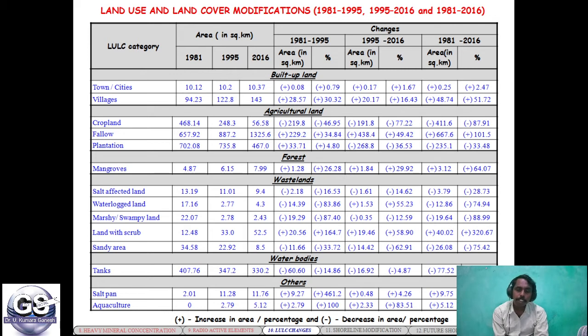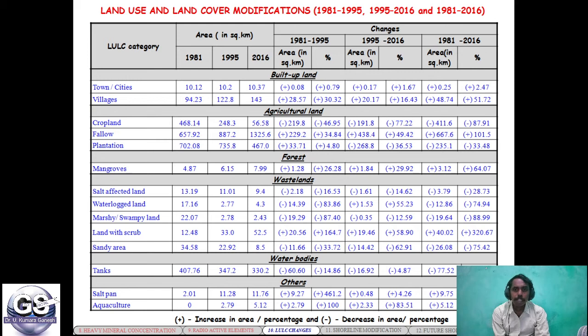From that integrated analysis, the changes in land use land cover features were noted for the periods 1981-95, 95-2016 and 1981-2016, as areal changes, and in addition a table was also prepared to display the percentage of changes of the land use land cover features.